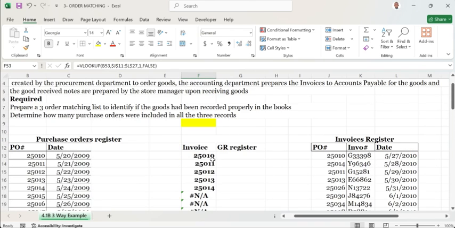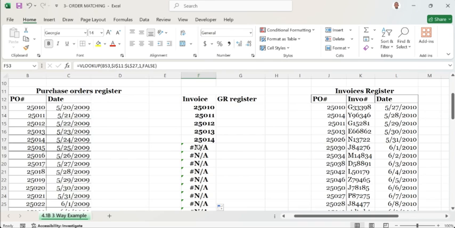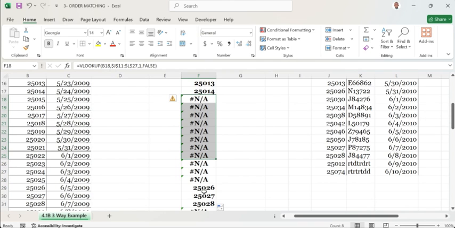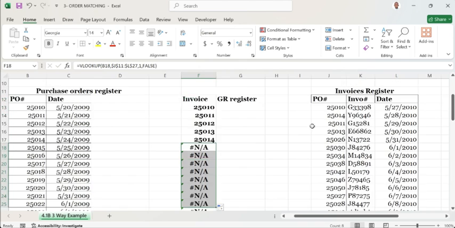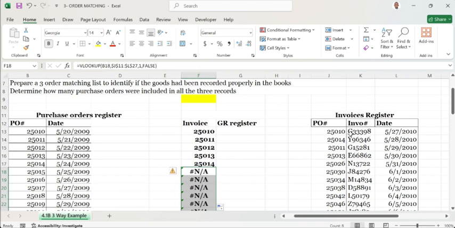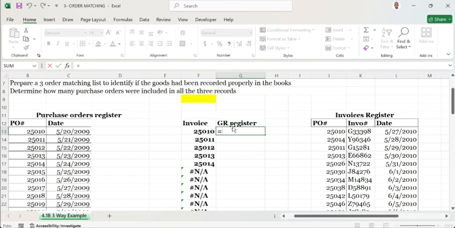I'm supposed to lock this table array because it is not in table form. I need to lock it like that. Then I drag it. Yeah, it's okay, up to there.